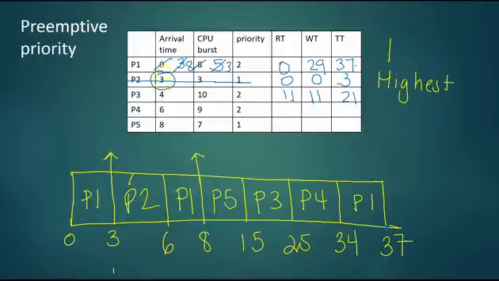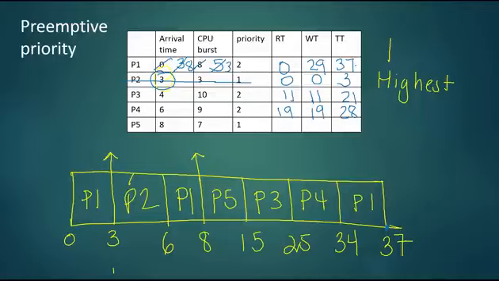P4 arrived at time 6 and eventually got the CPU 19 time units later at time 25. P4 finished at time 34, so P4 has a turnaround time of 28 time units. And you can see that 19 of those time units P4 spent waiting, and 9 of the time units P4 spent on the CPU.